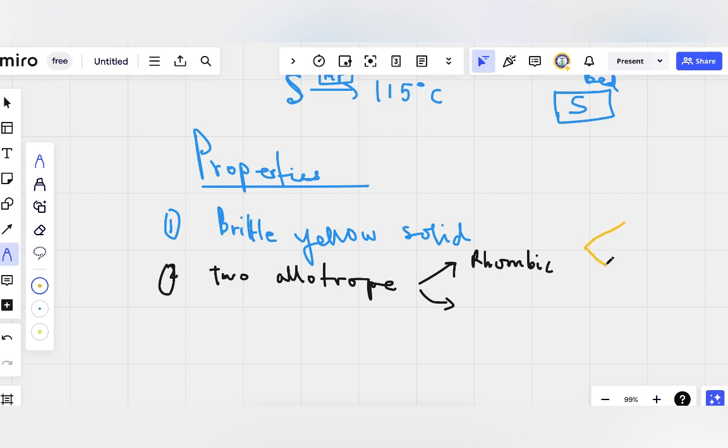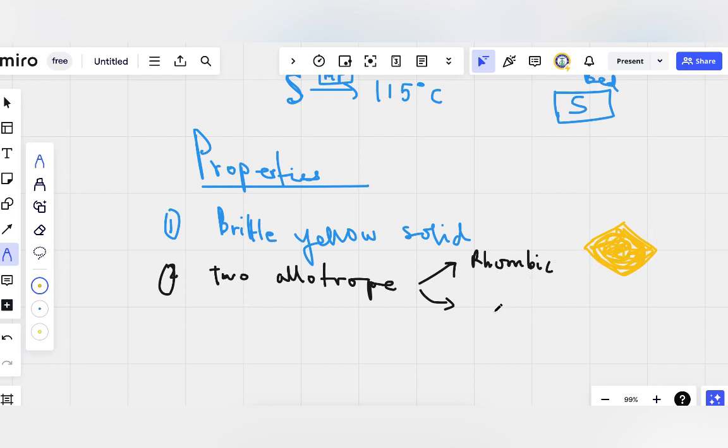This is rhombic sulfur, and this will be the color of the substance. This is one form of the allotropes of sulfur, rhombic sulfur.